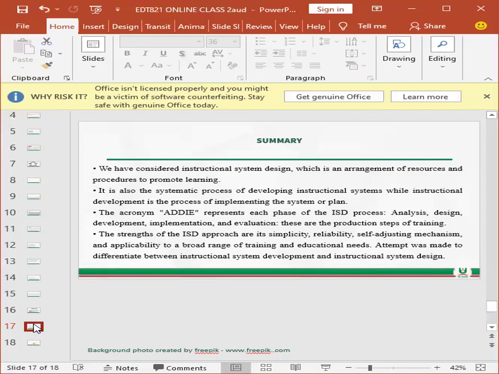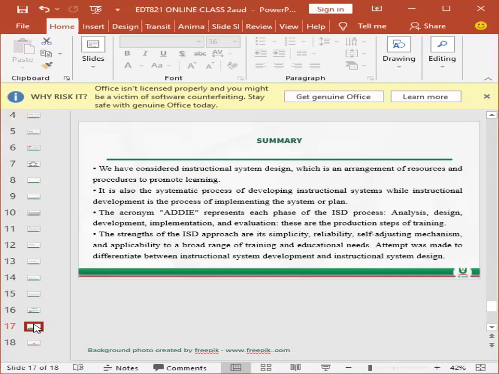So the acronym ADDIE represents each phase of the instructional system design process. Analysis, design, development, implementation, and evaluation. These are the production steps of training.